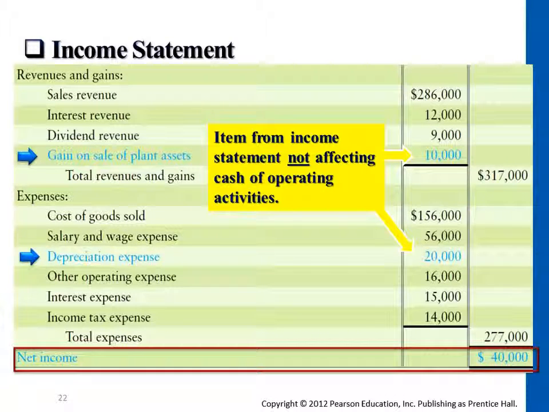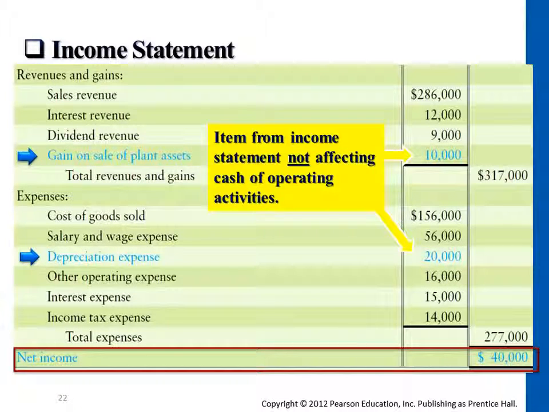And then we would add depreciation expense, which is $20,000. Gain on sale of plant asset, we subtract it. Up to this point, this is what will be represented in the statement of cash flows. We start from net income, add back depreciation, which is not a cash expense.